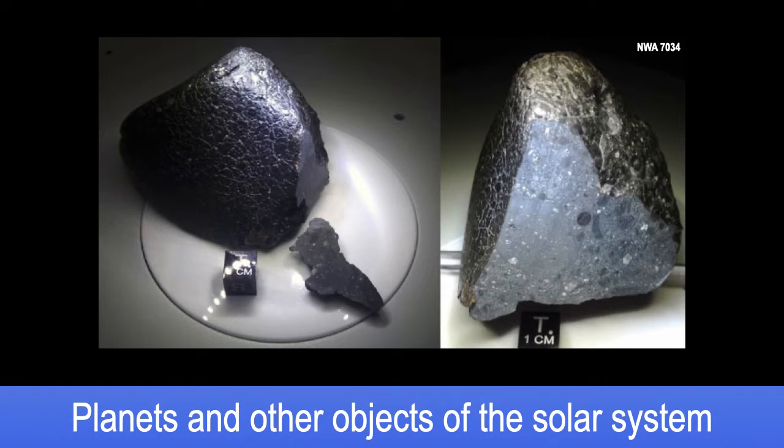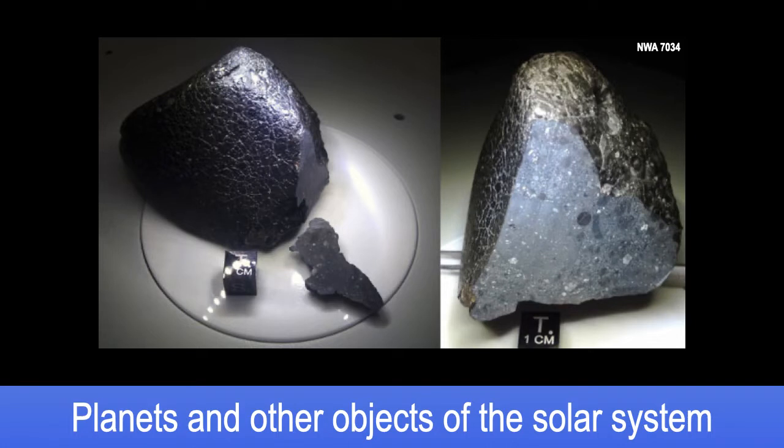This one's famous because it's actually a chunk of Mars that got blown off the surface. Some asteroid or something plowed into Mars, ejected all kinds of smithereens, and some of those escaped the gravitational pull of Mars, and they were aimed towards Earth, and eventually they fell to Earth, and that's what this one is. And it looks like some of the other rocks that we've studied on Mars, so we know it's from Mars.